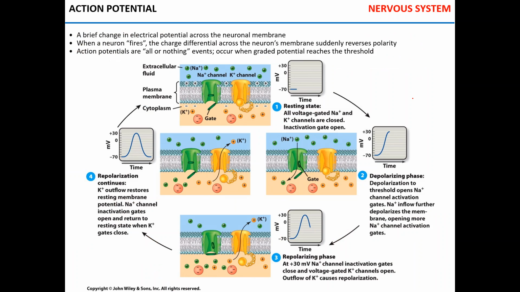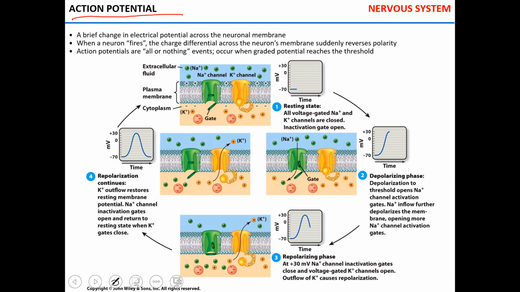It turns out that the signal in the neuron is transmitted in the form of an electric potential. So that change of the electrical potential of the neuron from -70 to +30 millivolts is called an action potential.